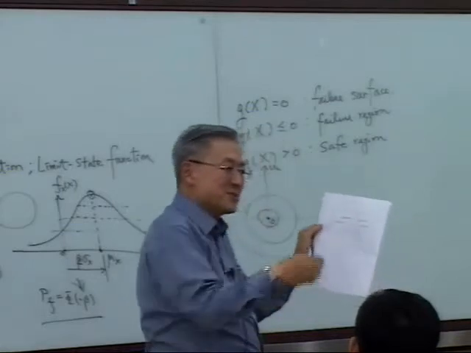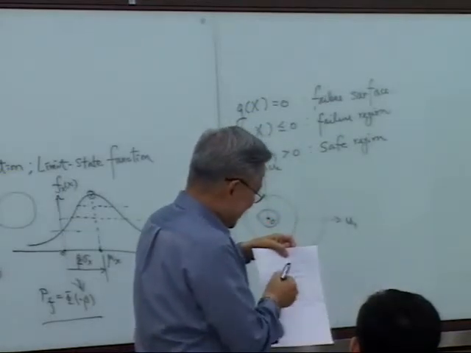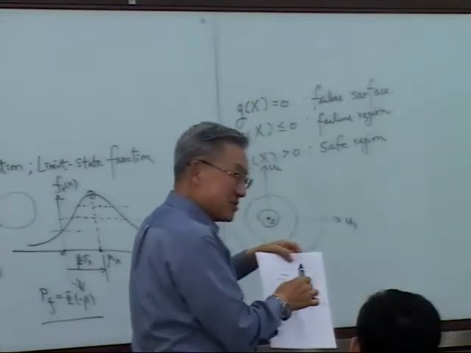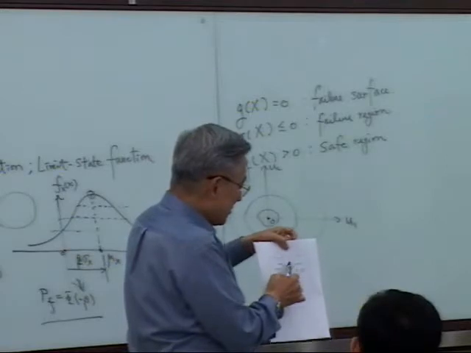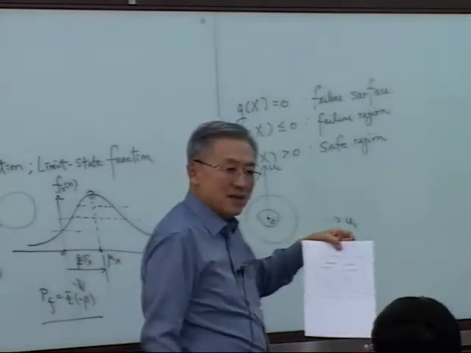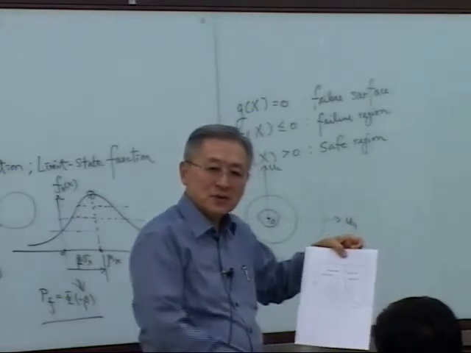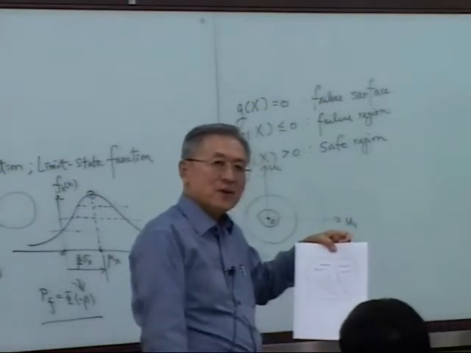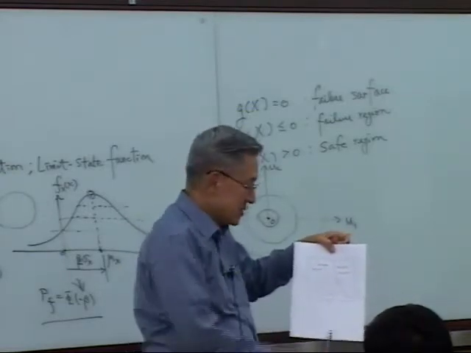I'm not a good drawer, but this is a better way, I feel, to explain. This is a projection of the failure surface, g equal to 0. This region is g less than or equal to 0. If you exclude the failure surface, it's simply g less than 0.